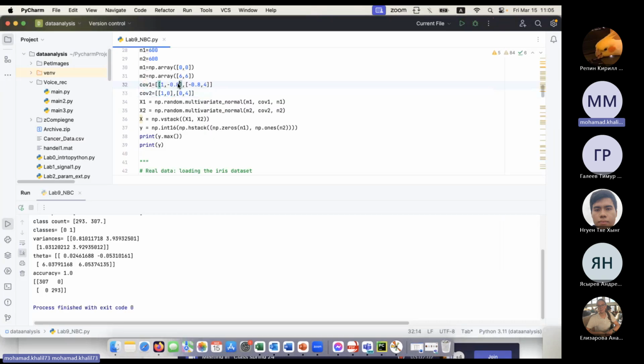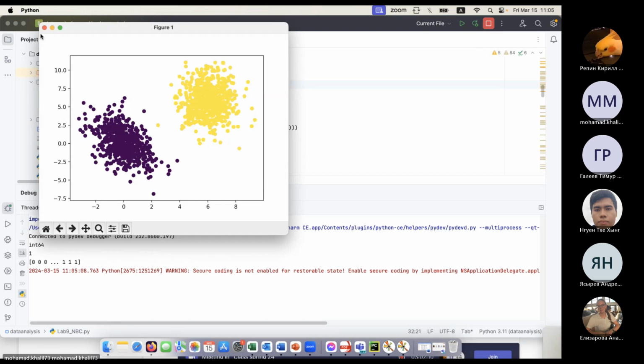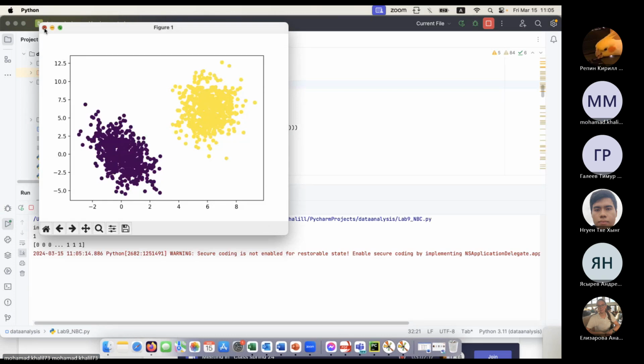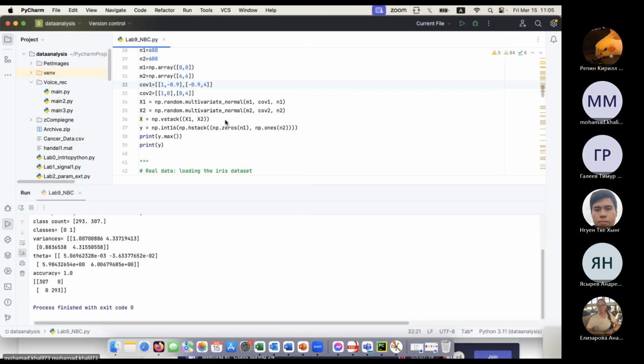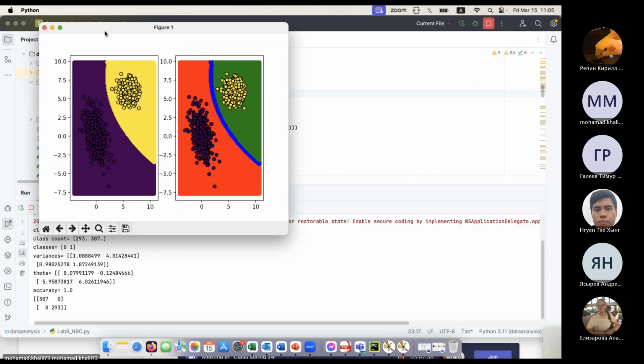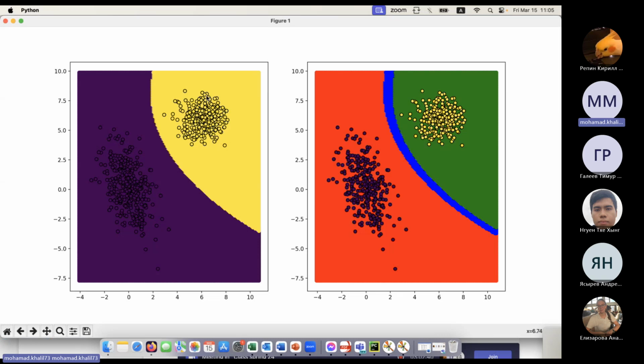If I want, for example, 0.8, 0.9, look here, for example, the data here are something like that and something like that.